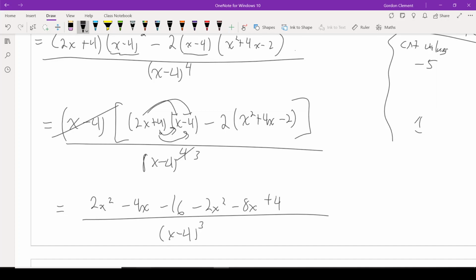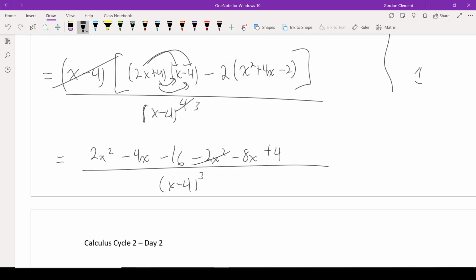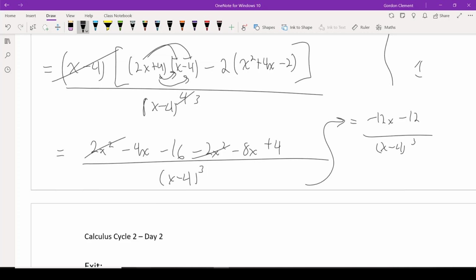So we have that now. And this one's really nice because those cancel out. And so we're just left with negative 12x minus 12 all over x minus 4 to the power of 3.